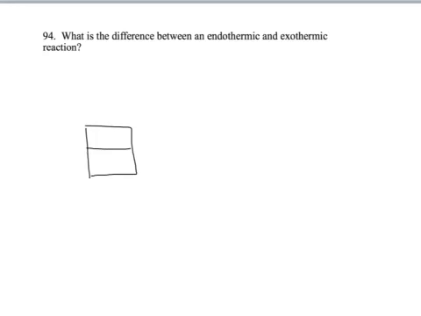If you put your hand here, here's your hand, and the heat is leaving the system and entering the surroundings, which is like your hand, you experience this as an exothermic reaction. Heat is leaving the reaction, leaving the system, and entering the surroundings. Exothermic, heat is exiting.